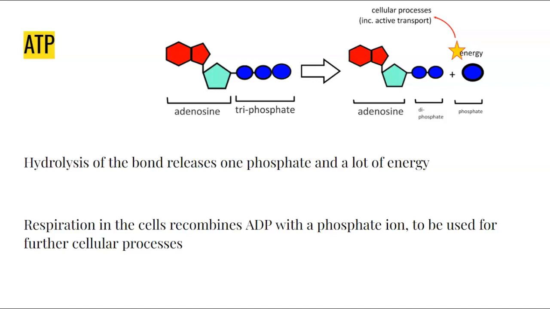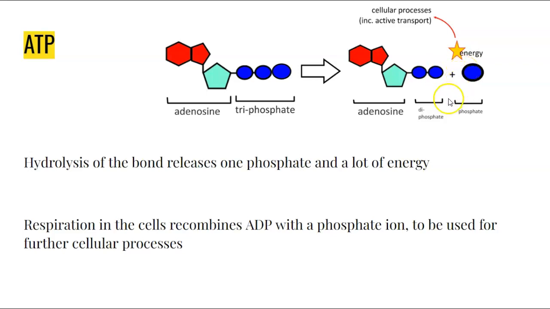So how this actually happens is, this is talking about ATP. An ATP will bind to a protein and then it will activate the release of energy, and it does that by releasing one of the phosphates because the energy is stored in the bond between the second and third phosphate.